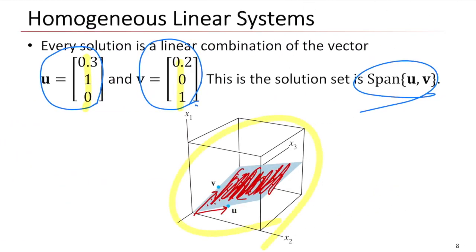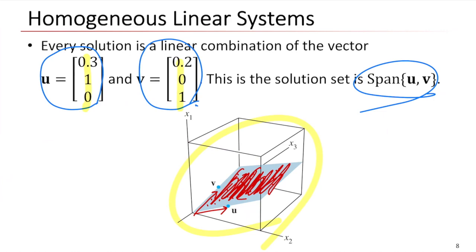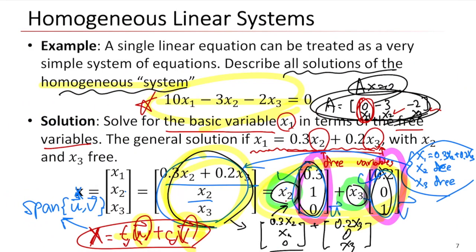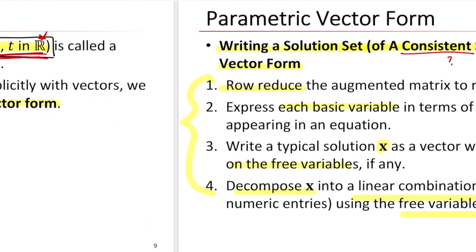Then what about this? This is a solution set of this linear equation and this homogeneous linear equation. But in this case, there are two free variables, x2 and x3. So the solution set of this linear system was a plane, right?